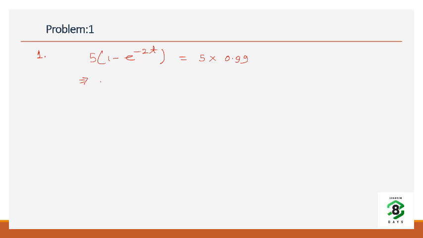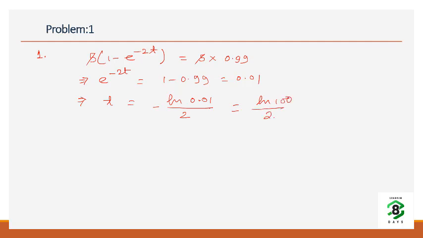That means e to the power minus 2t is equal to, just cross this, t is equal to, and negative of that, which is nothing but log 100 is 4.6, that divided by 2 is equal to 2.3 second.